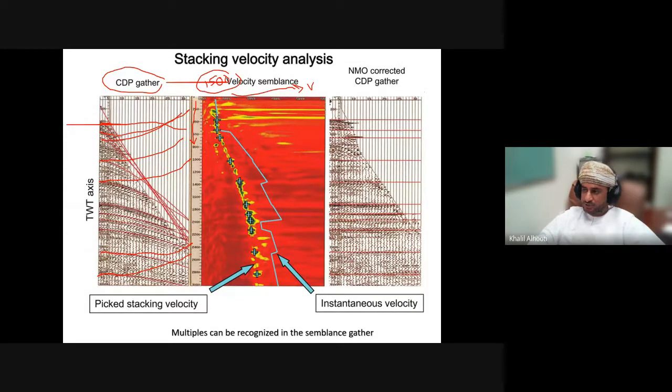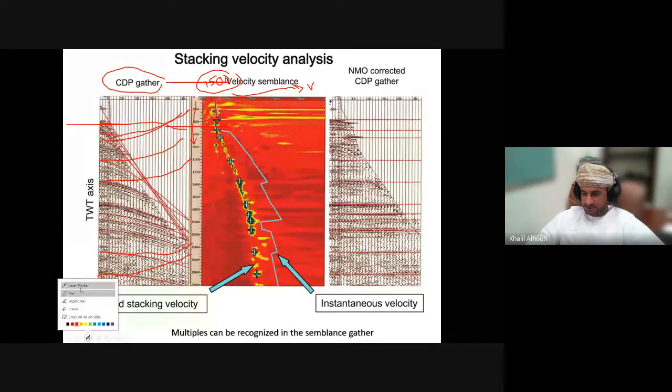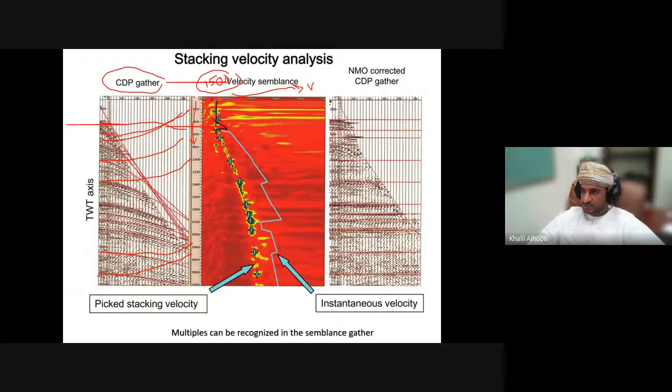The semblance will look something like that. At least this one, maximum power here. Let's use another color so you see the color difference between them. The semblance will look something like that. Maximum power here. That's the reason you see it black here.